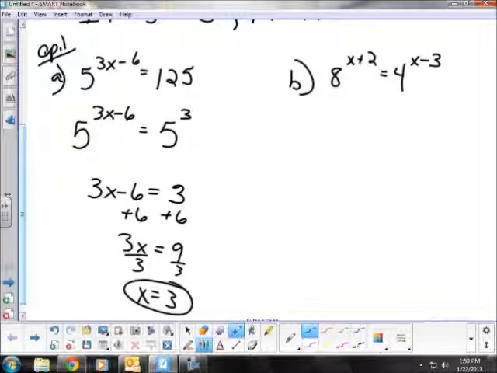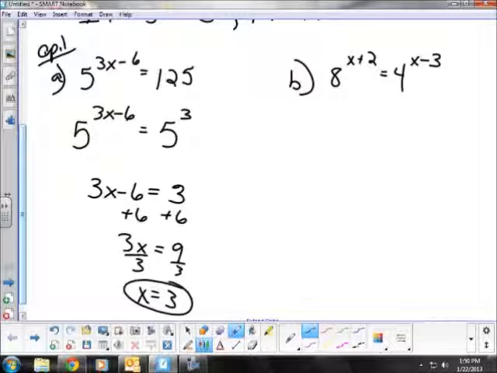Okay, so 8 is not a power of 4, right? Because 4 squared is 16. So obviously it can't be using 4 as my like base. What is my like base that I've got to be using? Not 8, because I can't take 8 and raise it to a power and get 4.